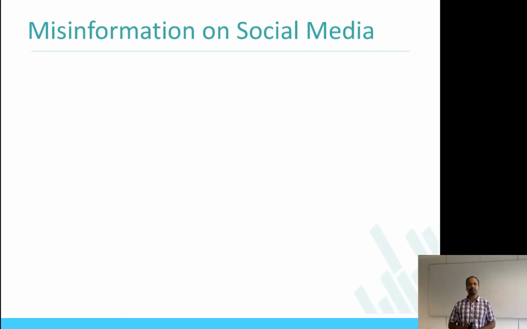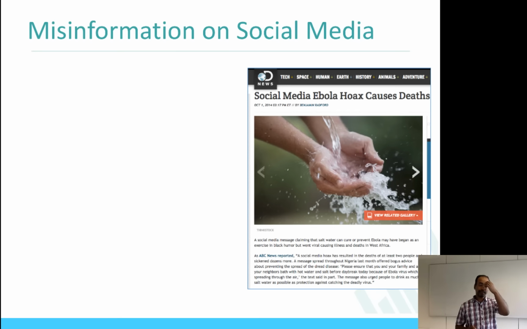Now we look at misinformation on social media, with some examples of misinformation on Twitter. Here is one example which had a lot of effect on social media. When Ebola was going on, there were a lot of messages saying Ebola hoax, which caused deaths.